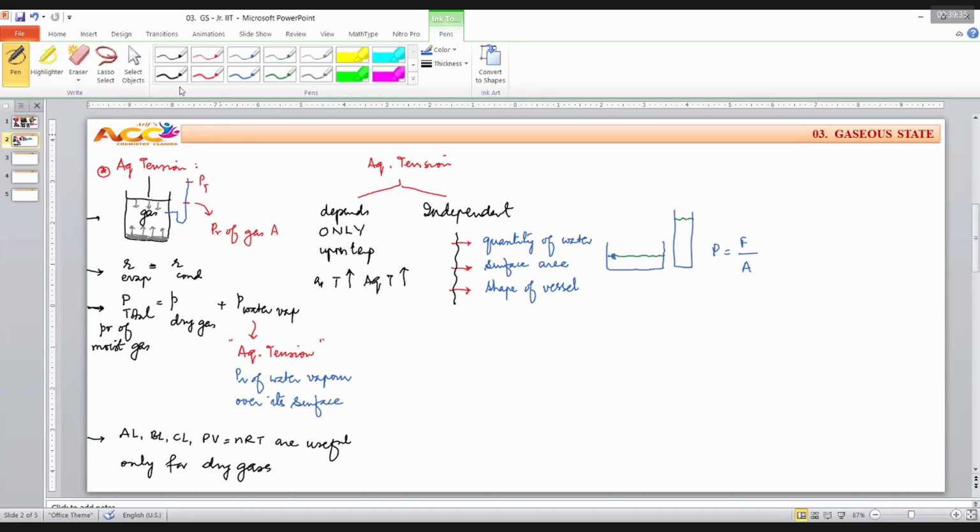Now that is something known as Mr. Dalton. Now you have to honor Dalton today evening at home. How to honor? Today, write down in your notes, systematically take a book, write down applications of Dalton's law of partial pressure or uses. Go ahead.